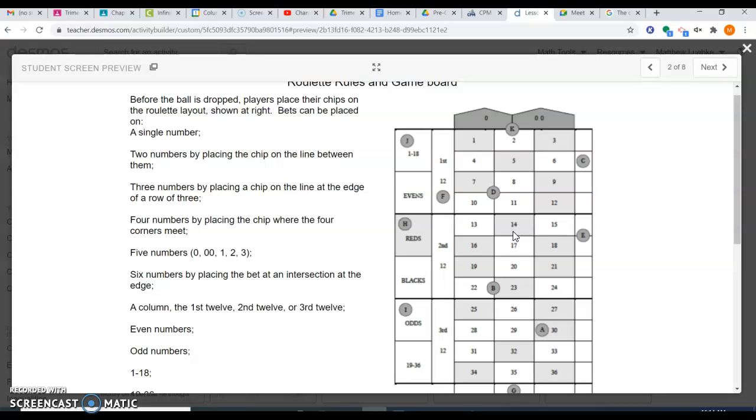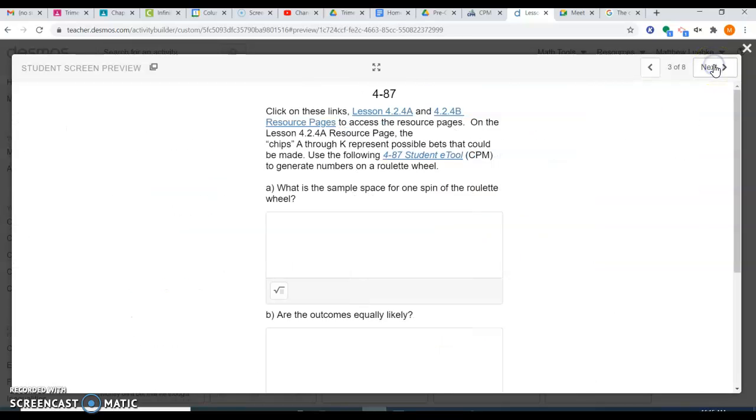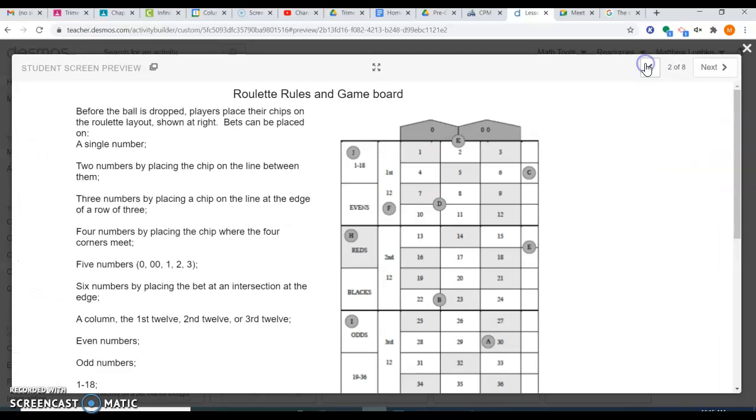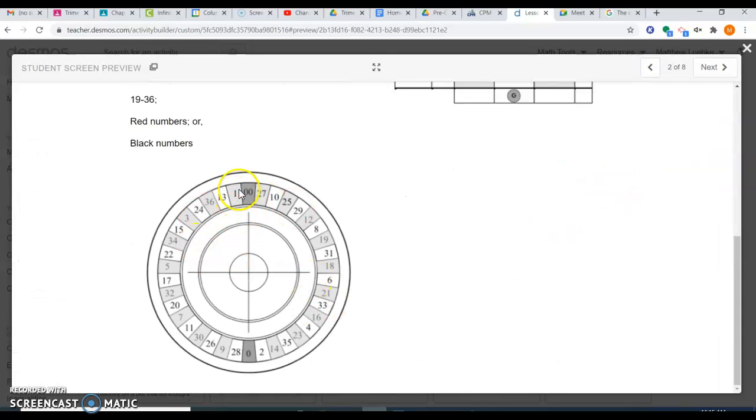We're going to focus on creating subsets and looking at unions and intersections of these different subsets of numbers. The first one is talking about just the sample space for the entire roulette wheel, all the possible outcomes that the ball could land on. If we look at the roulette wheel, there are numbers 00, 0, and then 1 through 36.